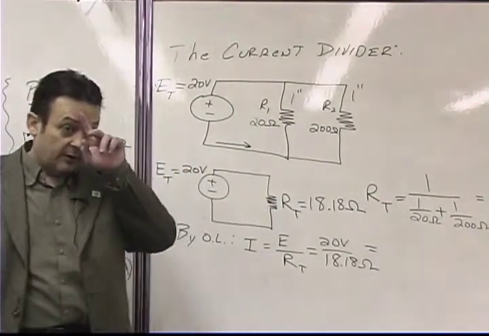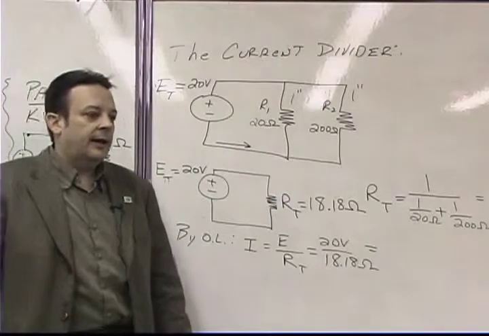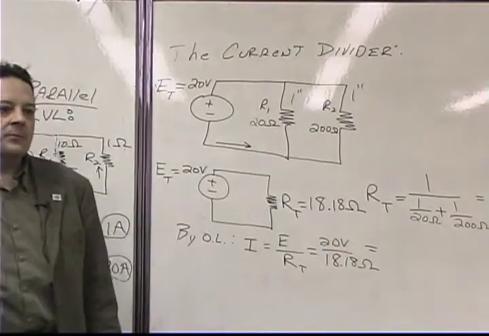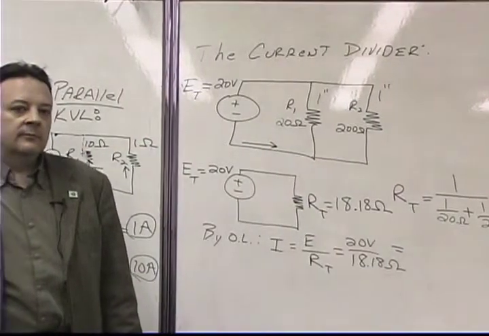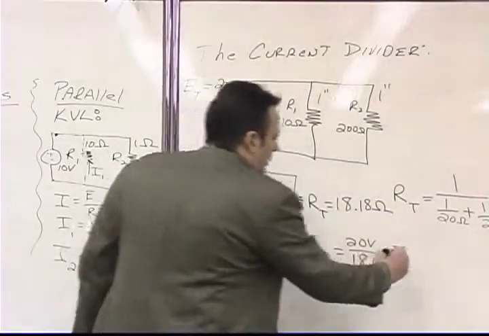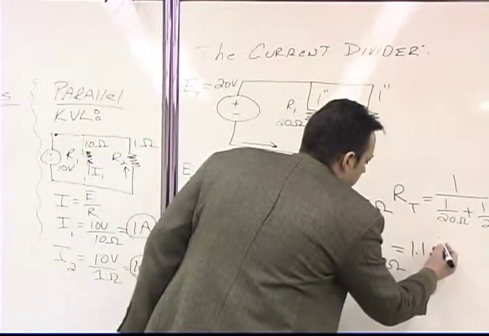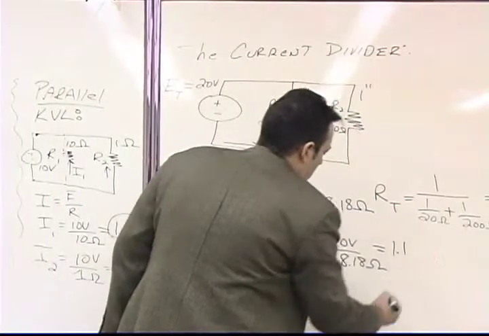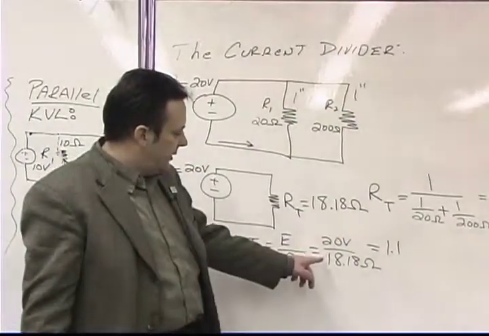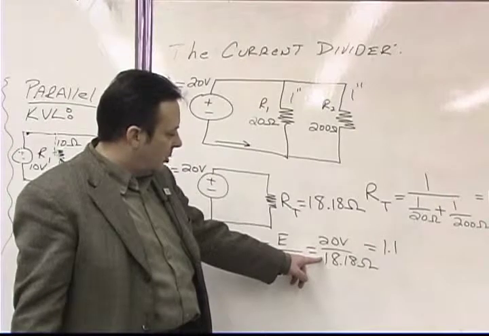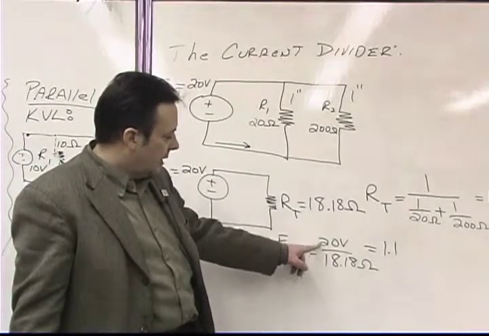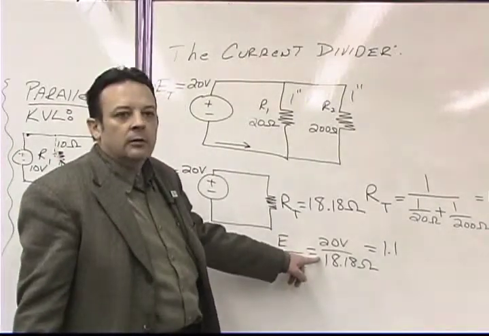So you put that in your calculator. 20 divided by 18.18. 1.1. Well, it's definitely gonna be bigger than 1, right? Because if it were 20 over 20, it would be 1.